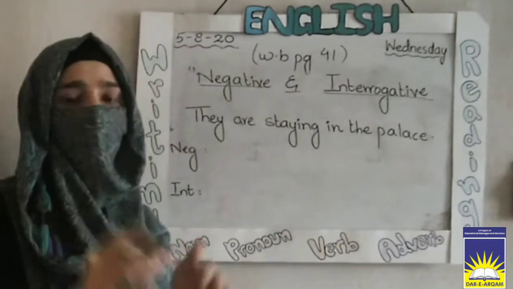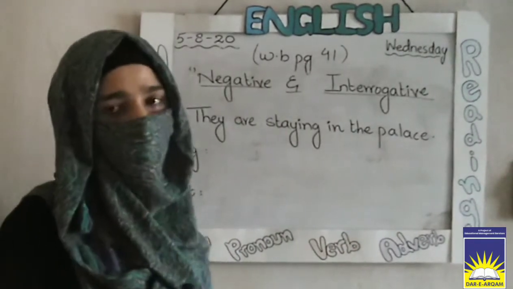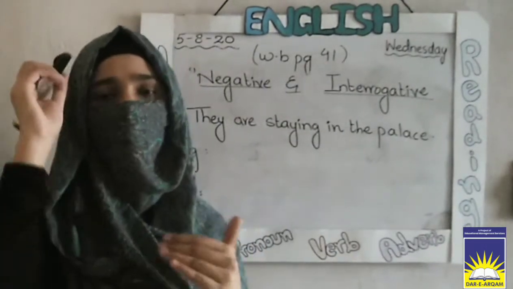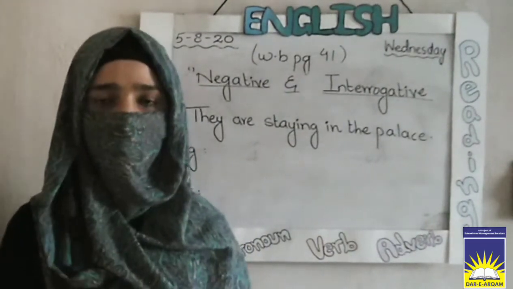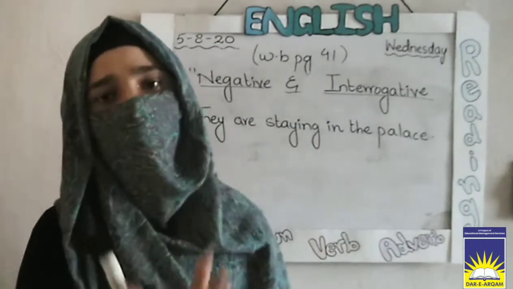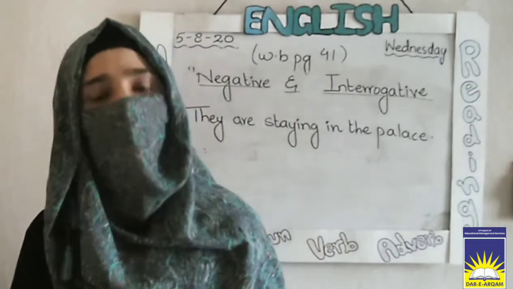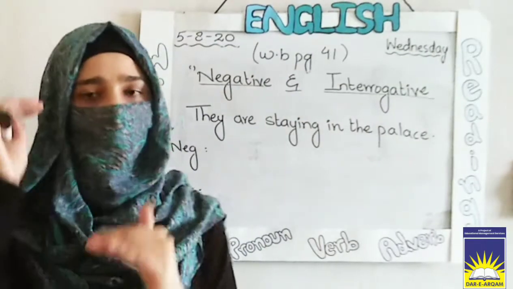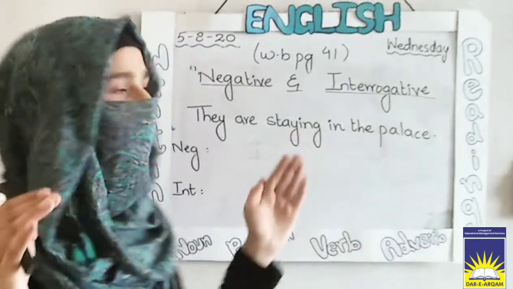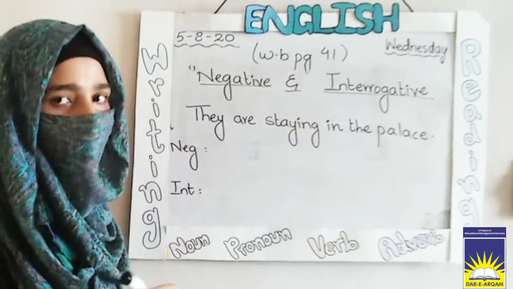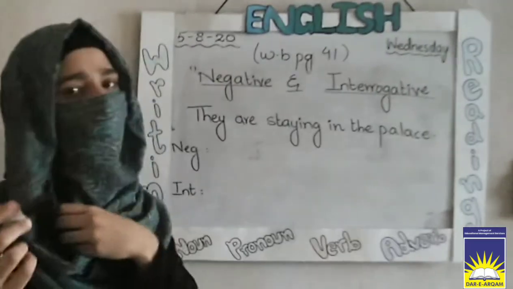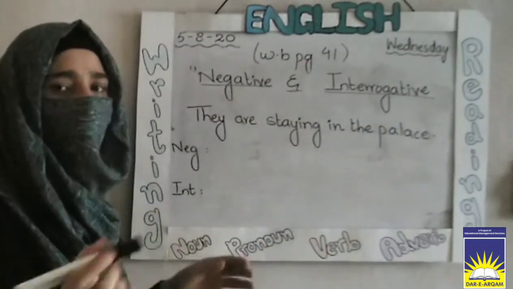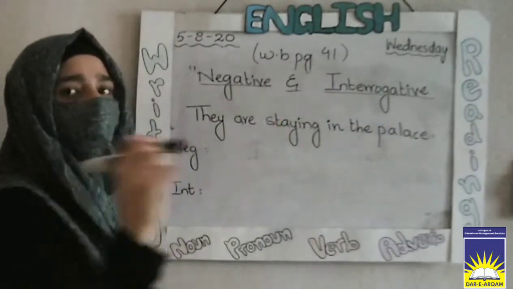For the negative sentence, recall the sentence structure that I taught you earlier: subject plus helping verb plus not plus form of verb plus object. Following that structure, I am going to make the negative sentence here, and you can easily do it too, as the whole sentence is given to you. You just have to add "not" after the helping verb.